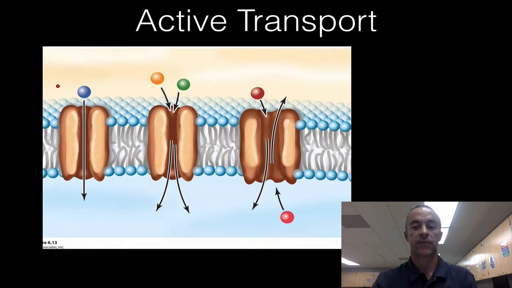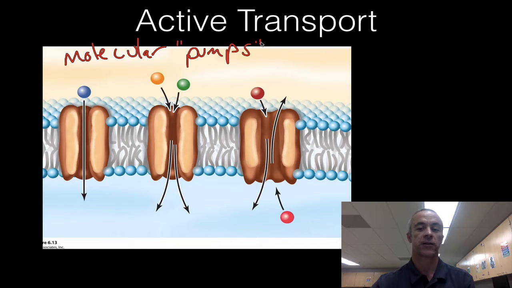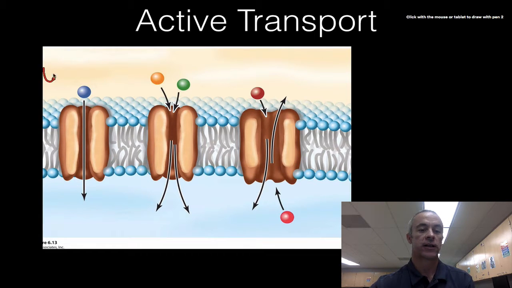So the first type of active transport I would like to talk about is referred to as molecular pumps, because we're pumping materials from low concentration to high. And this shows you three different types of these pumps. The first one here on the left is what we call a uniporter.